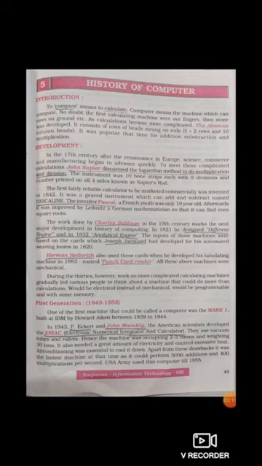He was just a youth, a French mathematician who was 19 years old when he invented Pascaline. Further on, there was a person named Leibniz, who was a German mathematician. Sorry, I correct myself. Leibniz was a German mathematician who enhanced Pascaline so that it could even find square roots.